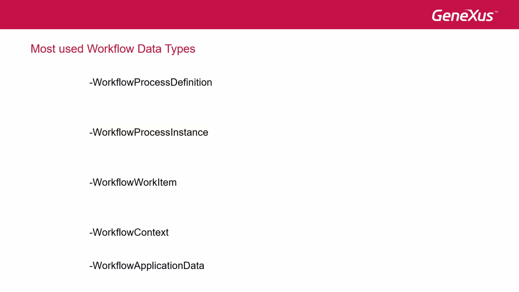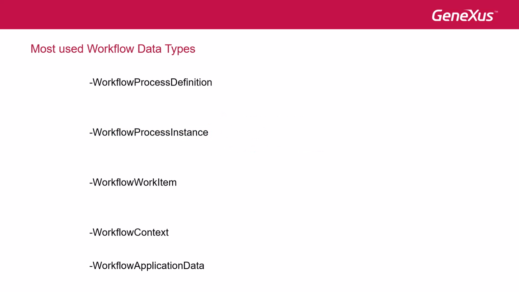Using Workflow Process Instance, we can find the definition of the process on which the instance is based, the issue that the instance deals with, the collection of work items that are part of the instance, and through the getApplicationByName method, we can retrieve relevant data by using its name.